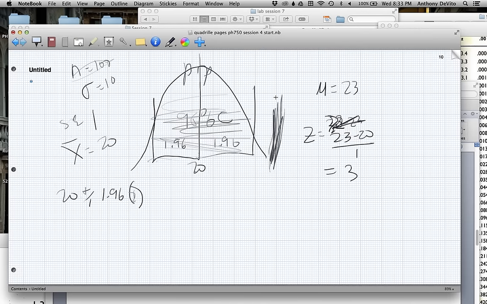The known value of the other population is outside of that. Now, if this sample size had been 26 instead of 100, the number of standard errors outside would have had to be 2.06, not 1.96, so it has to be a wider range. But with a 3 standard error difference, it's still outside of that range, so I can reject the null hypothesis.